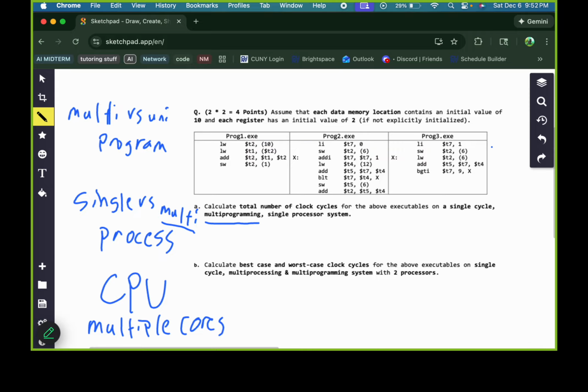Now, then we also have the other piece of the puzzle, multi versus uni programming. This is dealing with your OS, your operating system. This allows you to actually program it to say, you are going to handle this program. You are going to handle that program.